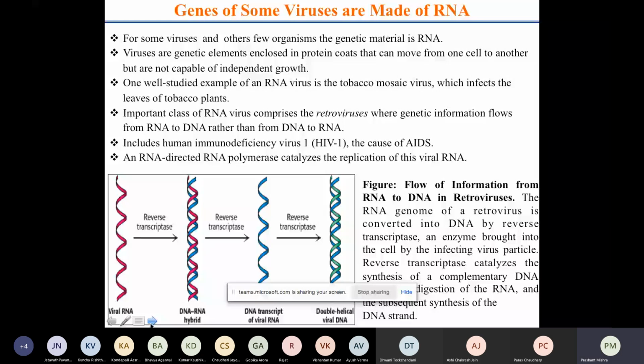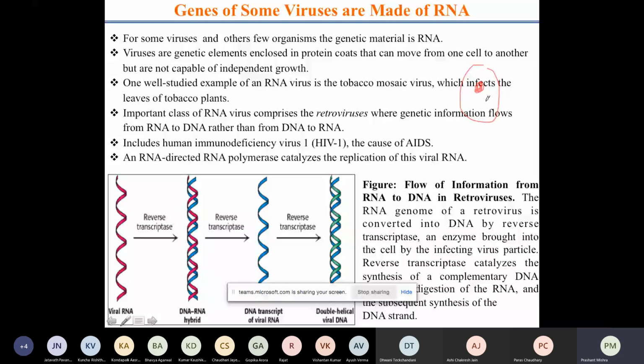If RNA is there, can it duplicate? The answer is no. Most of the RNA present in viruses is the genetic material, but viruses have a genetic element which is enclosed in a protein coat. If I talk about a virus, it will not have a machinery. Suppose this is a virus: outside it is a protein, and inside you have the genetic material, which is RNA.